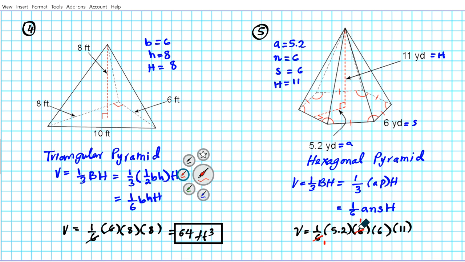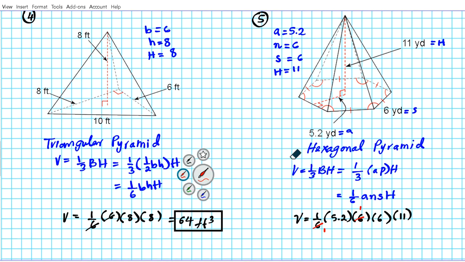Now we just multiply all this out with the calculator, and you get 343.2. This is the volume. So the unit is going to be yards cubed.